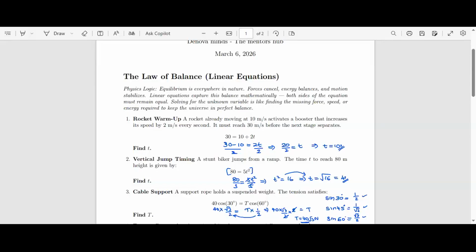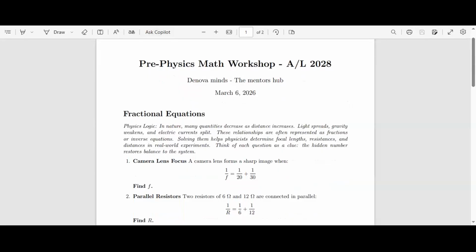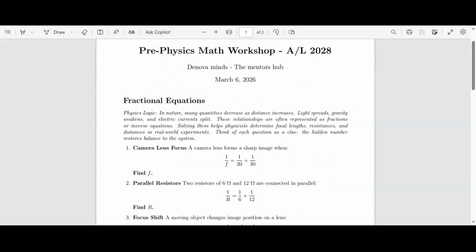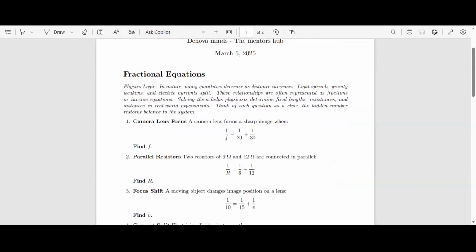We can move on to another section. Let me get there. This is also related to solving equations, but in this section, I hope you can see the screen, we will be dealing with equations where the unknowns are in a fraction.